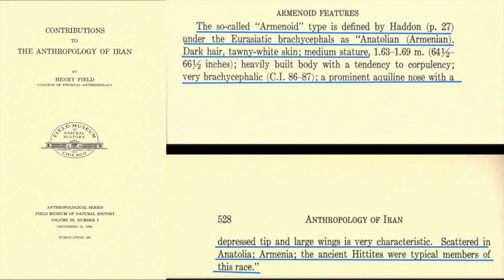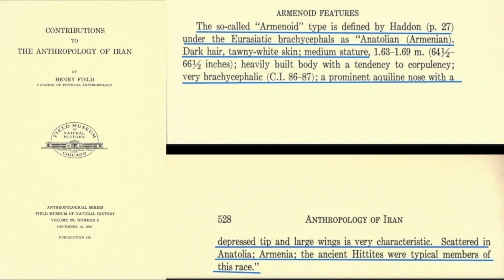The so-called Armenoid type is defined by Hayden under the Eurasiatic brachycephalus as Anatolian Armenian: dark hair, tawny white skin, medium stature, very brachycephalic, a prominent aquiline, meaning hooked, nose with a depressed tip and large wings is very characteristic, scattered in Anatolia, Armenia.